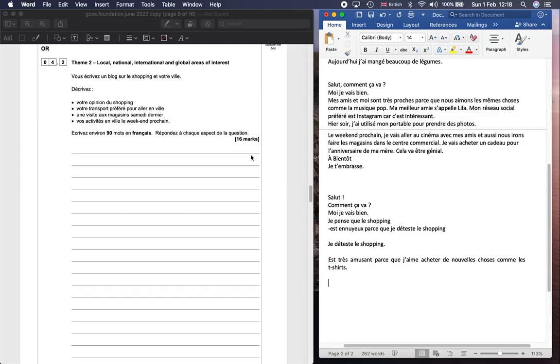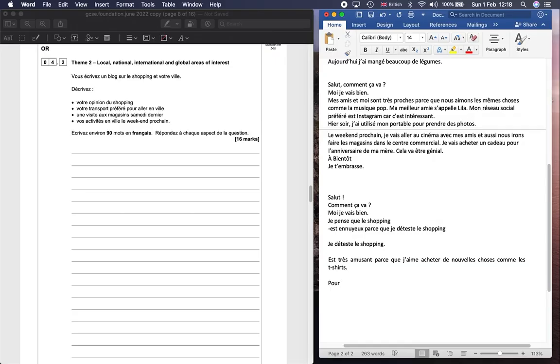So here are a few options for our opinion for shopping. Votre transport préféré pour aller en ville. Alors, then you can say. So what a strategy here, what you can say is we can start by the ending of this sentence. Pour aller en ville, in order to go to town, my favorite transport, mon transport préféré, and then we can write the buses, for instance.